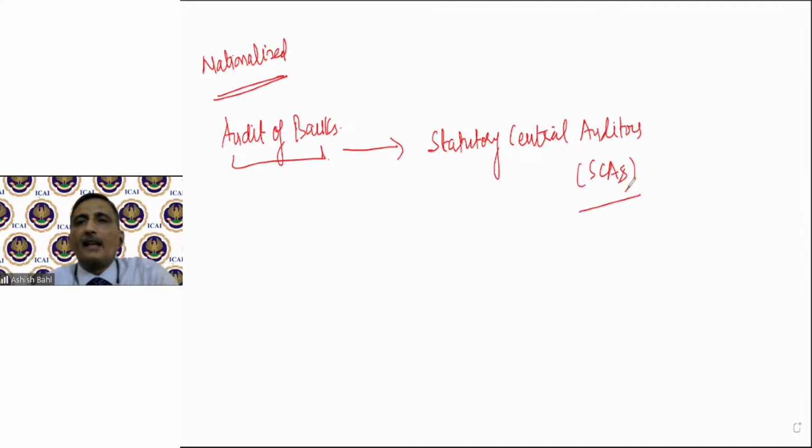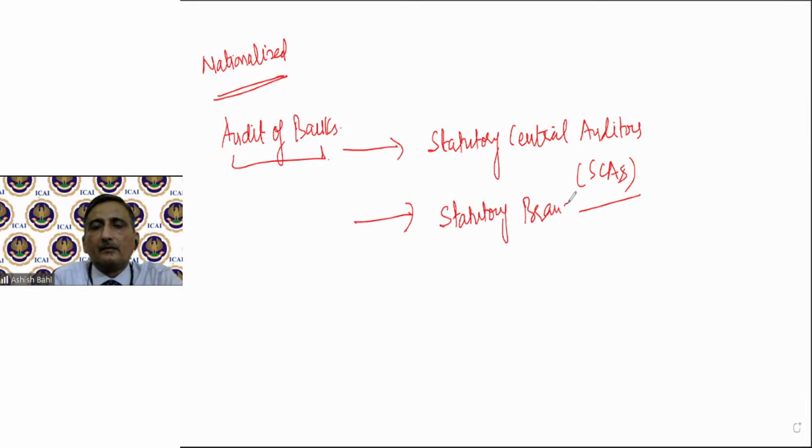So these are, say, 4 or 5 experienced firms of chartered accountants, experienced audit firms. Janvi, CFS is not prepared at branch level. It is only at HO level. And branch audit is conducted by statutory branch auditors, SBAs.